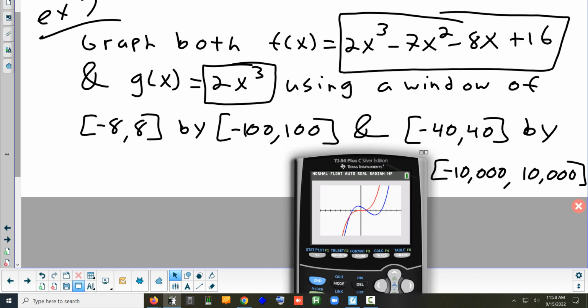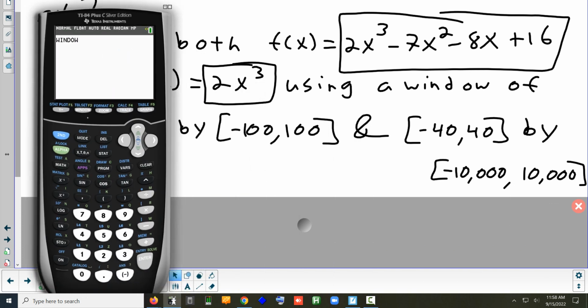Let's zoom out. So let's look at this from even further away. Negative 40 to 40, and negative 10,000 to 10,000. Remember what they looked like before. They didn't look the same at all.